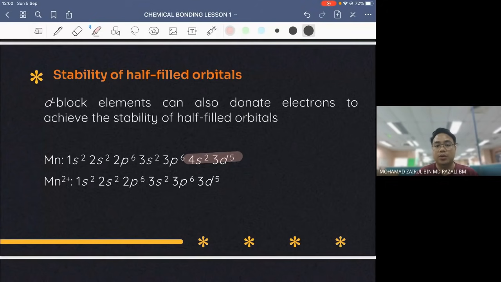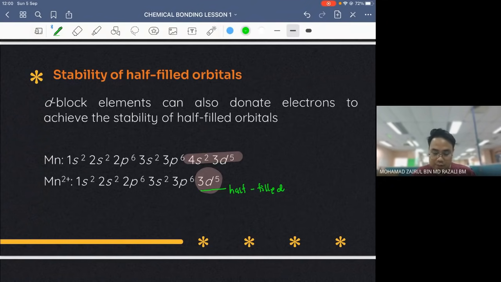Okay, so in order to form Mn2+, we need to remove 2 electrons from the 4s. So sampai dia akan jadi 3d5. So kalau awak tengok 3d5 adalah half filled. So we know that half filled is a stable orbital. So that's why we call it the stability of half-filled orbital.